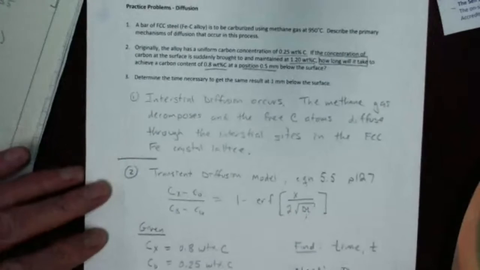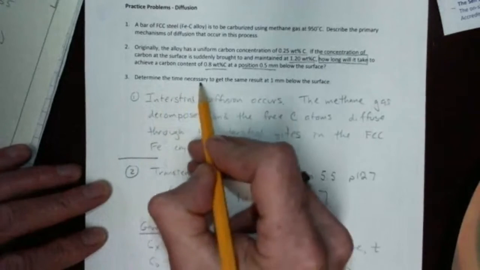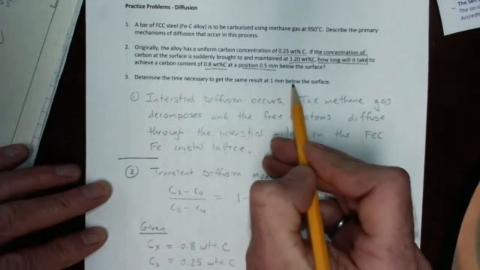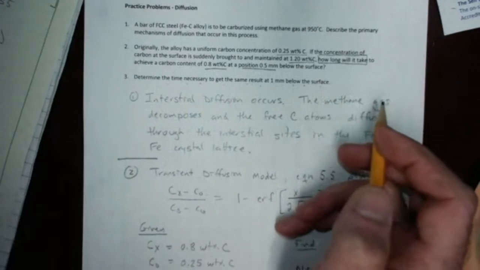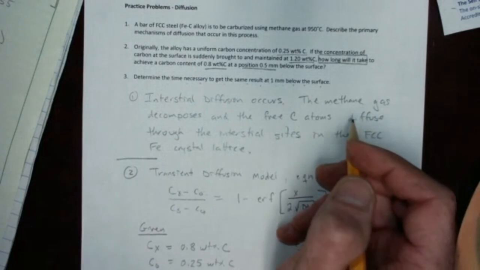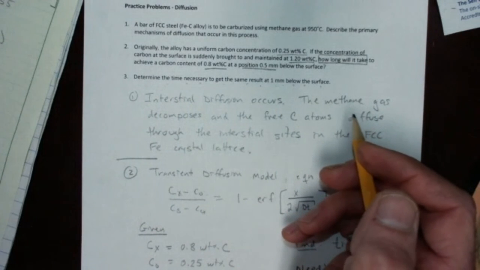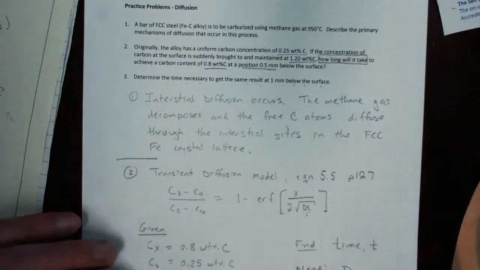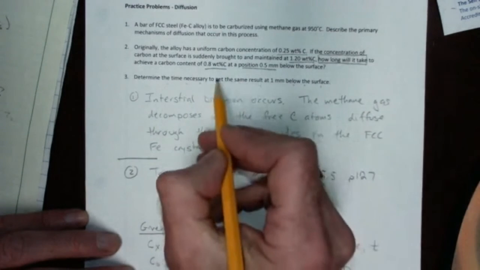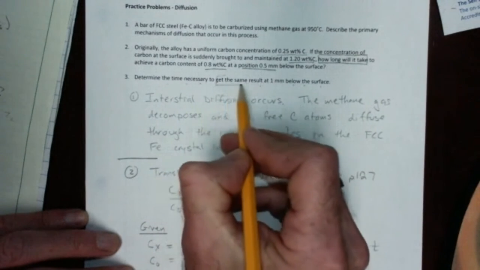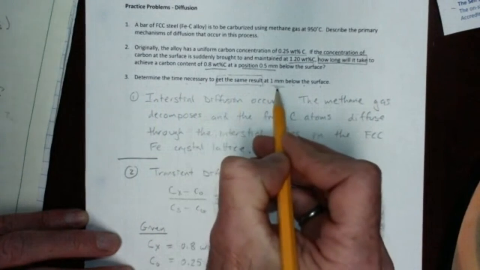Okay, now let's do the third problem, which says determine the time necessary to get the same result at 1 millimeter below the surface. Well, first you might think we have to do this entire problem again, but we've actually done a lot of the calculations that we need already. And the key here is we are trying to get the same result just at a different distance.